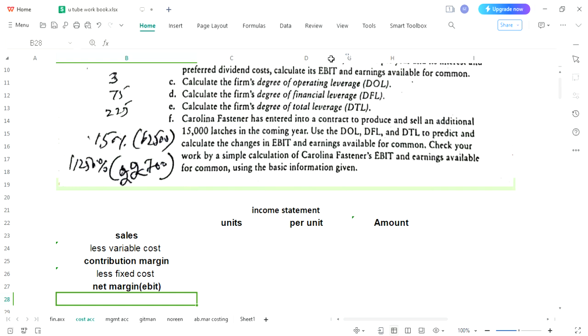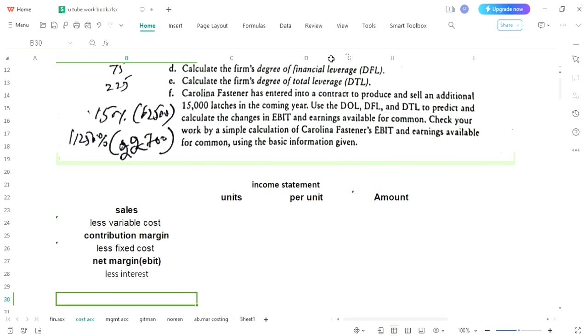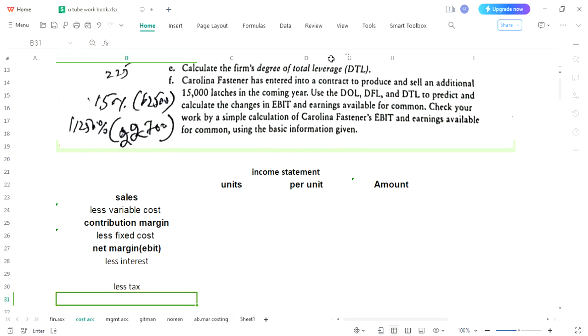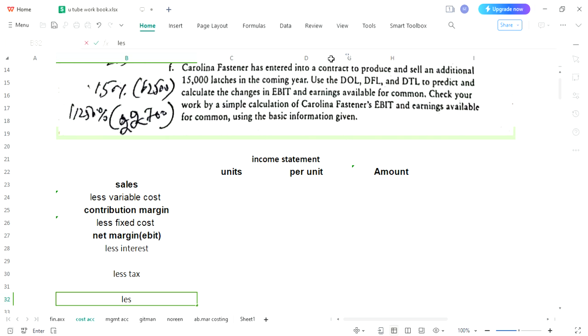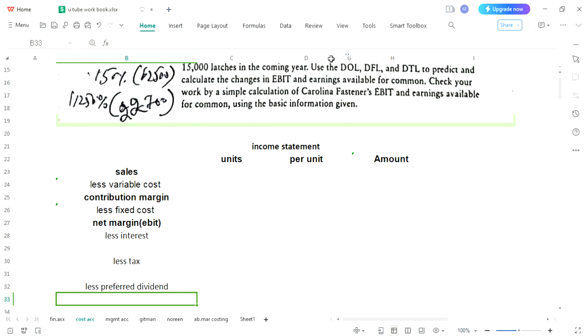Then we will subtract interest, after which we will subtract our tax, and further preferred dividend would be subtracted if it is present in your question, and finally we will have our net earning.